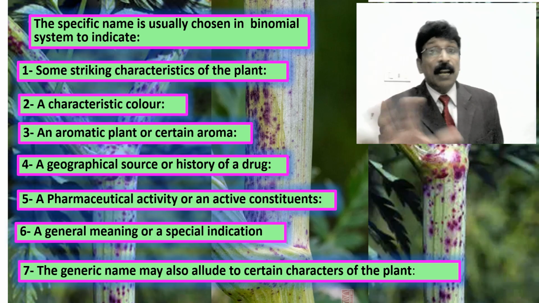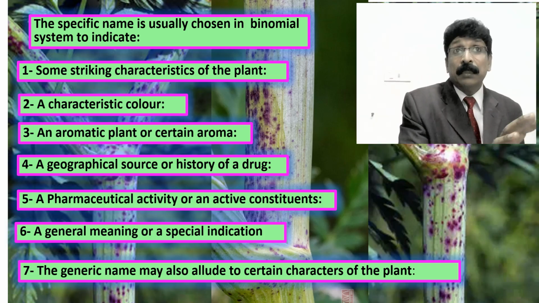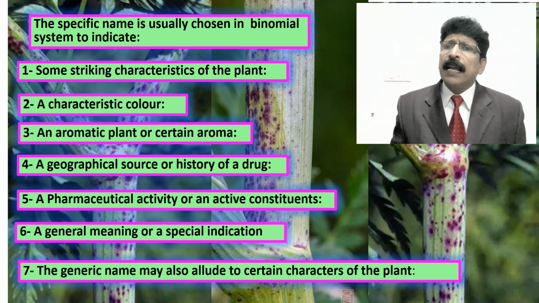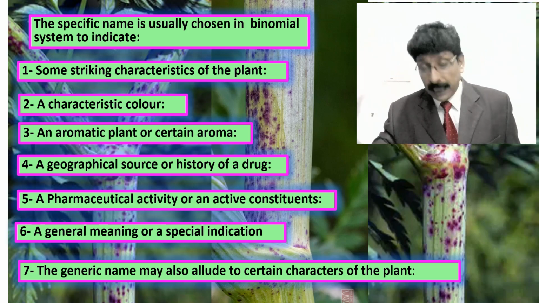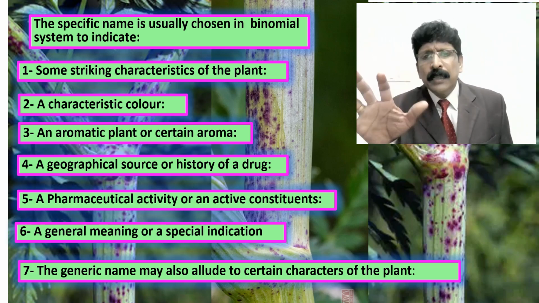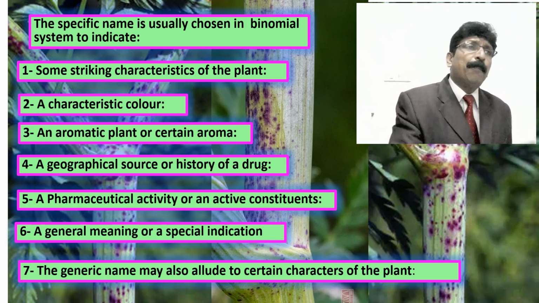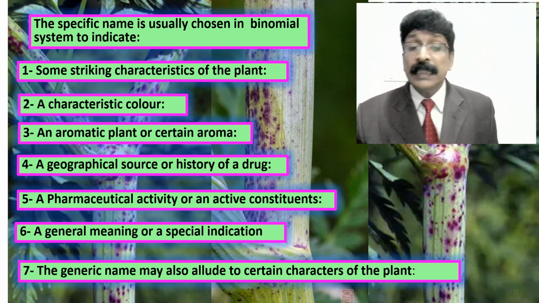And the special meaning, like you can see cultivated. Some are wild, wheat is usually wild, it can be collected. Previously they were collecting, now they are cultivating also. So that is called sativa. So sometimes you can see a cultivated or wild plant. So the difference in the name can be given.